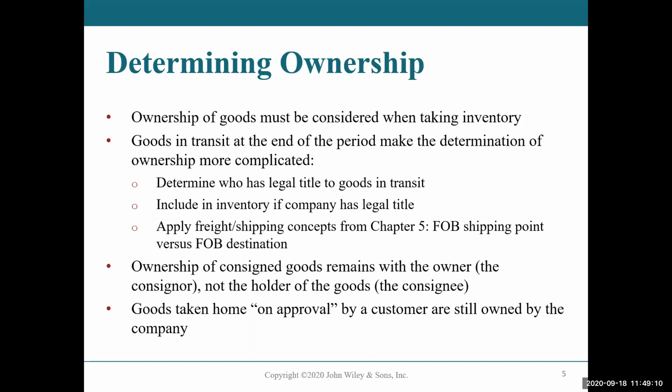Depending on which party has the legal title to those goods while they are in transit, that party will be the one reporting these goods as inventory items on their balance sheet. Whether that is the buyer or the seller, only one party can report those goods. The physical presence of the goods on the property, or lack of it, does not mean you own or don't own them. What governs that is the legal ownership of the goods. If you have legal title, then they would be part of your inventory account.